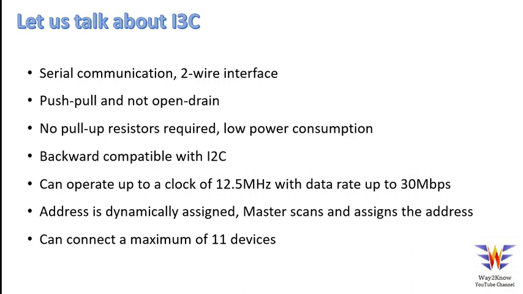And one major differentiation with respect to I2C is I3C has an address which is dynamically assigned. That means the master can assign the address once the device is connected. The master tries to scan and see what all the devices are, and then provides addresses to them, and hence the priority of reading them.